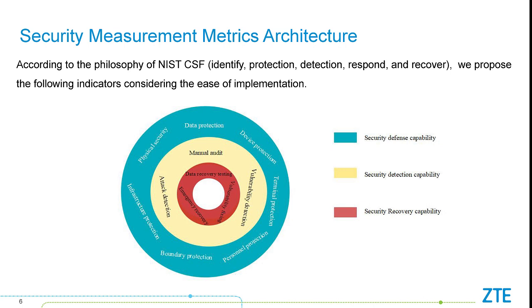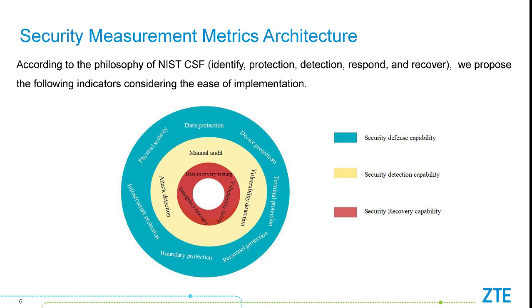The second layer is the detection capability layer, which means if some abnormal events occur, they can be correctly detected, and then we can take proper actions. The third layer is the security recovery capability layer, which means after abnormal events have caused some influence on our system, we can recover it to the normal state.